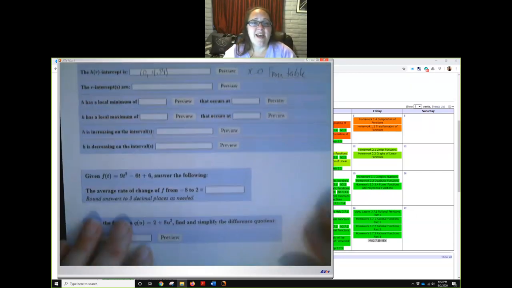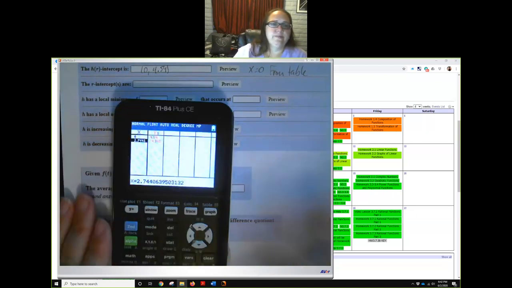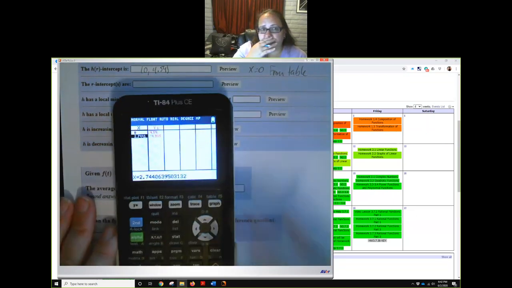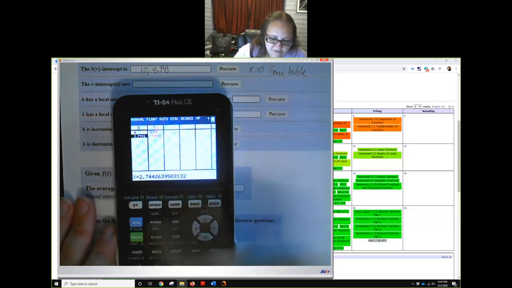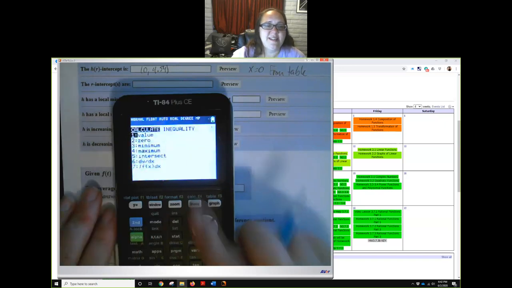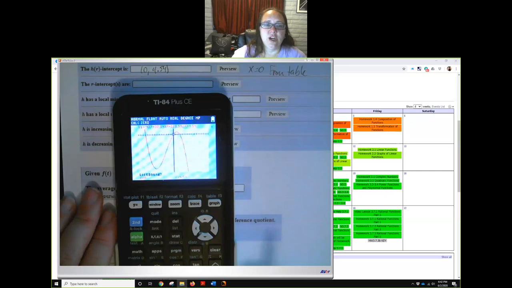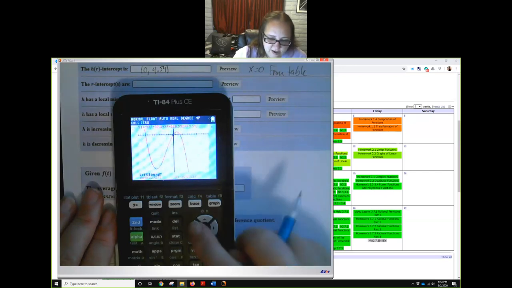Now, after that, this is where we're going to start using the calculator. Okay, so back to your graph. Now we're going to use second and then trace to get to calc. We want a zero, so we're going to go down to 2 and then press enter.